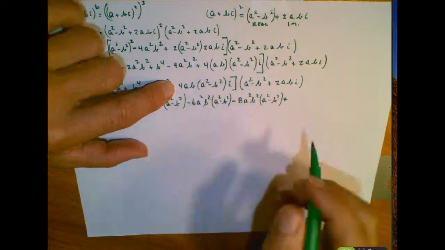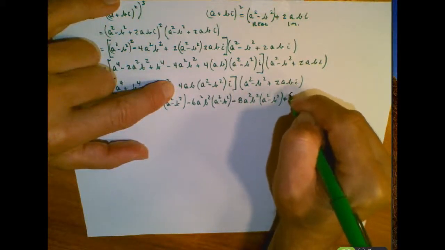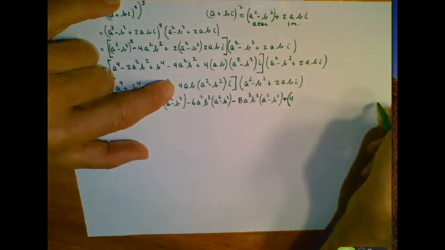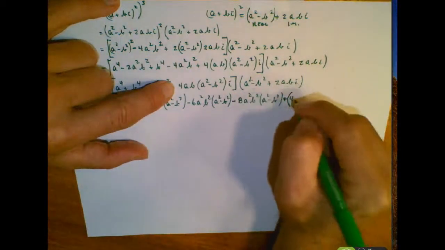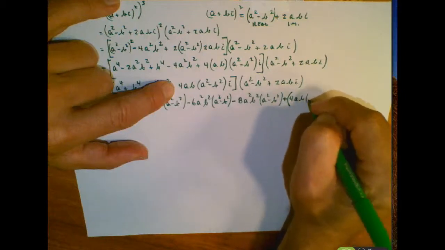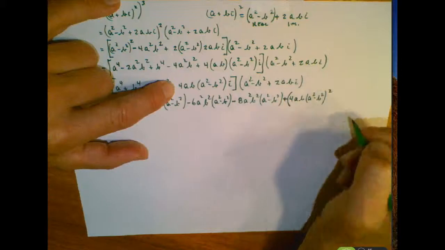And so this will turn into 4. Again, remember, this is going to be an imaginary part, so I might as well group it now because I'm having i at the end. So I'm going to put 4ab quantity a squared minus b squared squared.